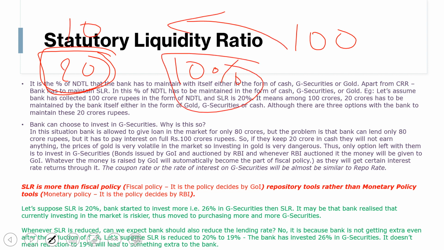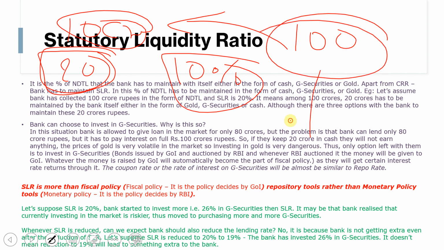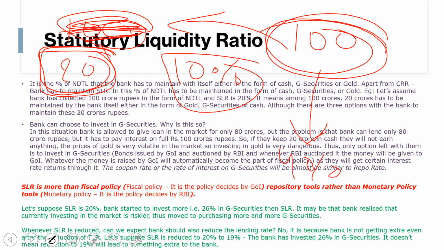So now 10 crore will be with the bank. Can you expect the bank to increase the interest rate for you on the 100 crore you have deposited? Earlier, when there was 20% SLR, you were getting 4% interest. Now the government has said we have reduced the SLR, you can maintain 10% only.